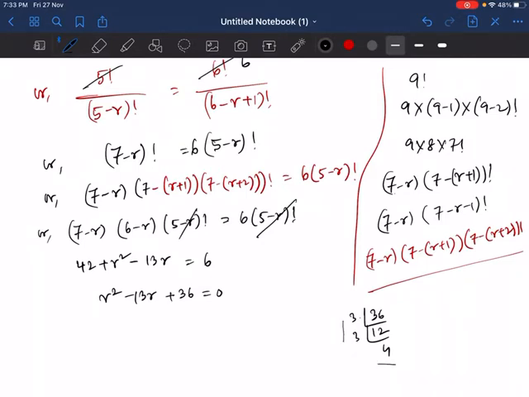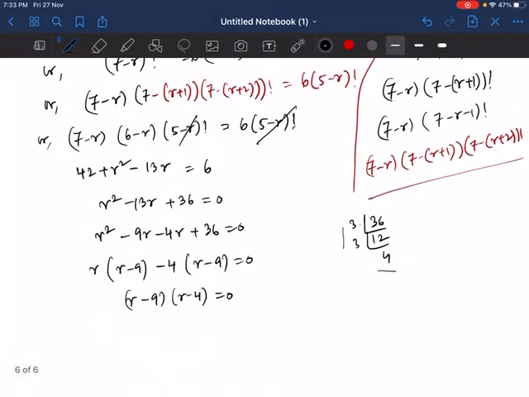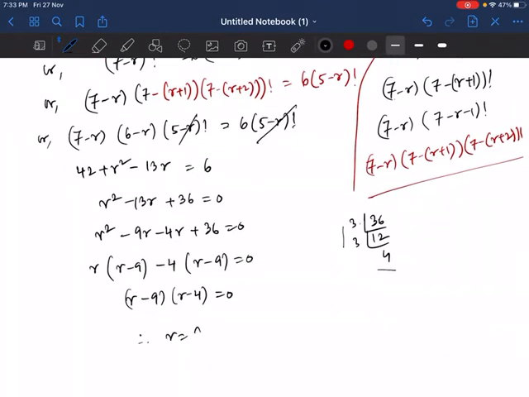So we can write here r square minus 9r minus 4r plus 36 is equal to 0. So here we are taking r common, we get r minus 9, minus 4 common, we are getting r minus 9 is equal to 0. So r minus 9 into r minus 4 is equal to 0. Therefore r is equal to 9 or r is equal to 4. That's my answer. So that's how we get this problem.